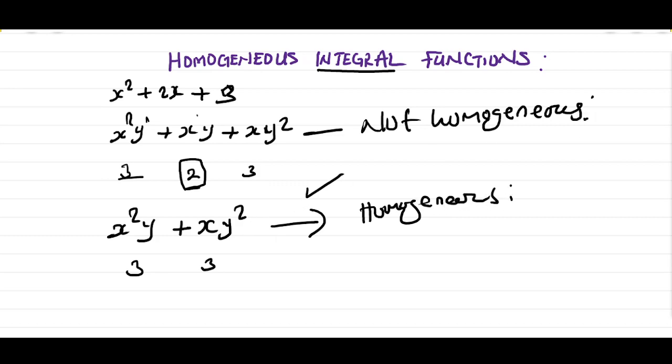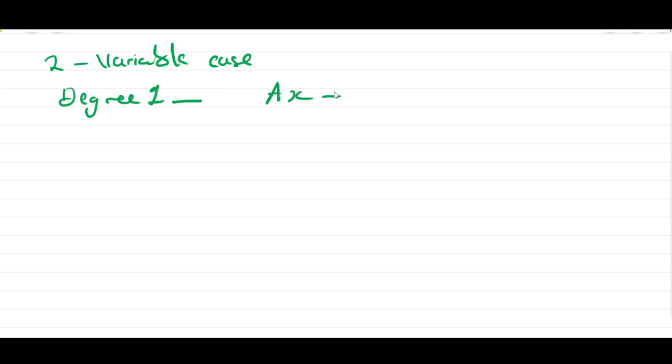Let's consider the general case for a homogeneous function. First of all, let's consider the two variable case. If it's of degree 1, first degree, it should be in this form, ax plus by.